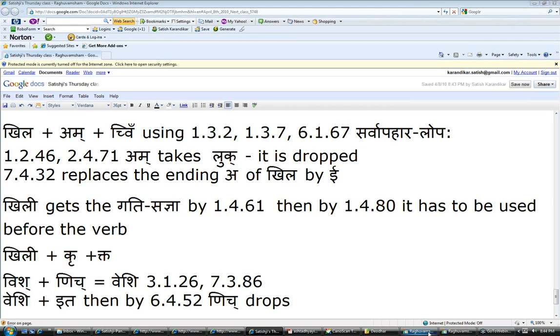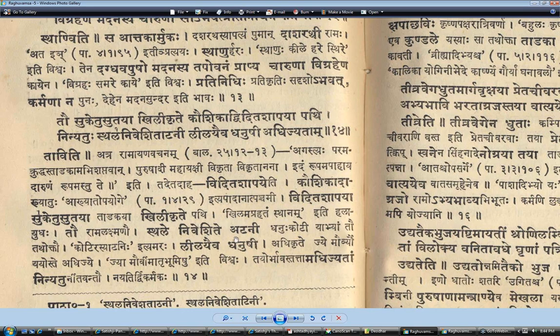Only going the Vigraha Vakyam. So Sthale Niveshite Atani. So those were the bows. Atani is a tip, whose tip had been made to enter into the ground. So they had taken their bows and kind of stuck them in the ground like that. This whole thing is qualifying Dhanushi. Now what is Atani? He describes that to us.